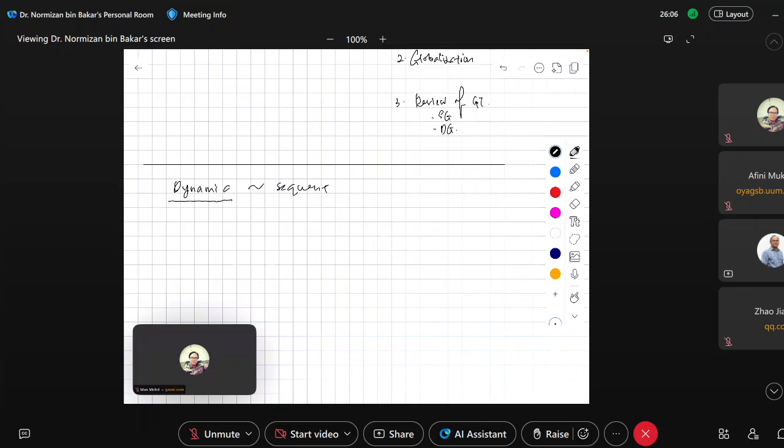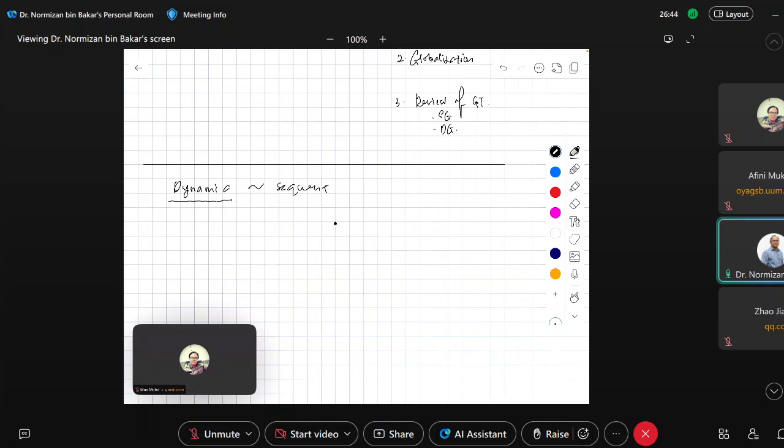So in a dynamic game, we use what we call a game tree to form the game, or some call it the extensive form. We use the game tree. And I think most of you have experience or knowledge about game theory, but let's put it here.